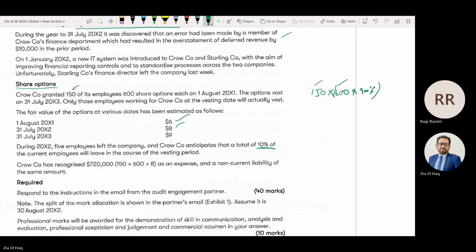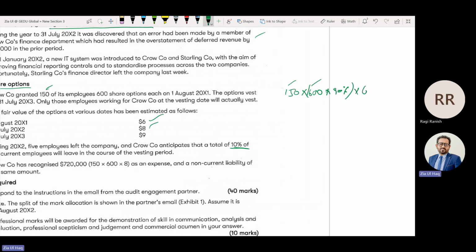Then this must be multiplied by $6. Will the complete amount be charged in the current year? No, it should be distributed evenly over the 2 year time period. Then all this must be multiplied by 1/2.